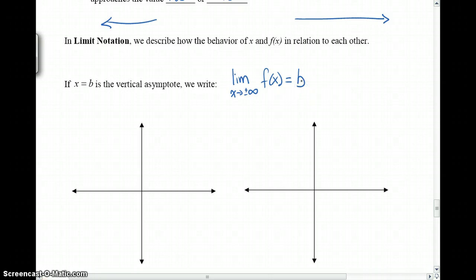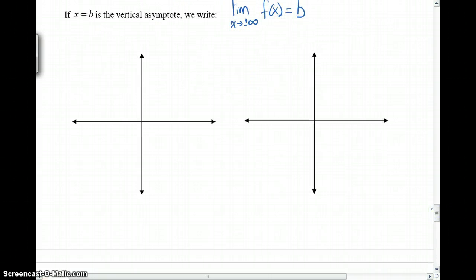we'll call it b. So what I'll do here is I will draw quickly what we can see with a vertical asymptote and a horizontal asymptote.